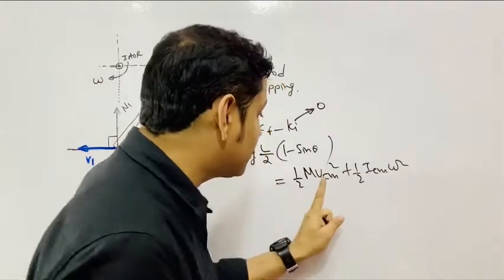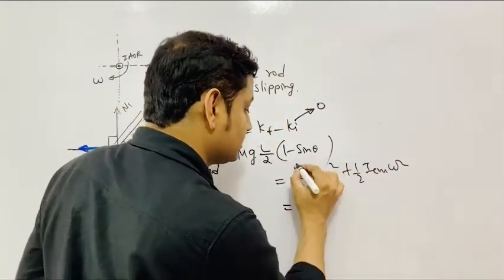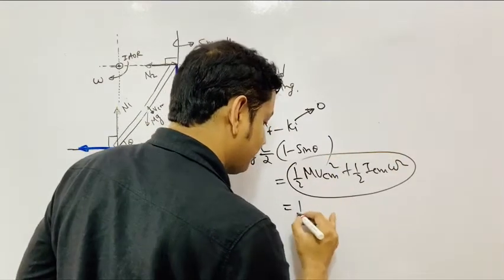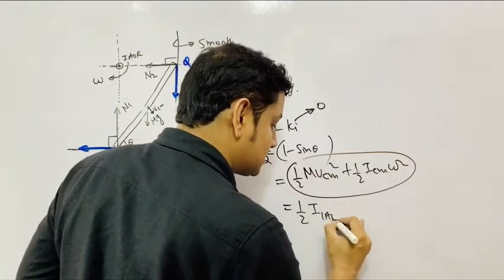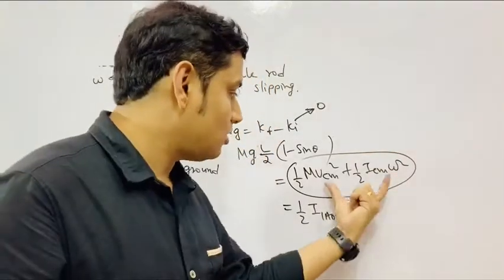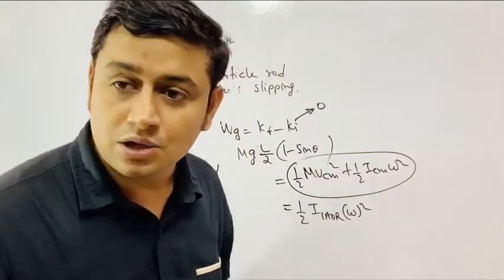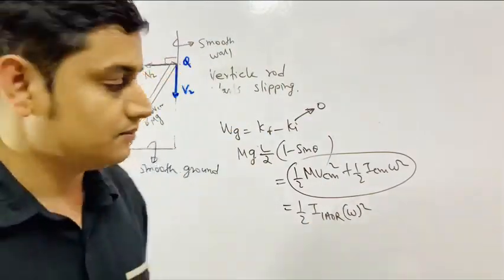But for this I require VCM and omega both. So why not write this combined value as half I about the instantaneous axis of rotation into omega square. This is also the same, the combined value of these two is obtained in one step here. But here I require only one variable, and that is omega.